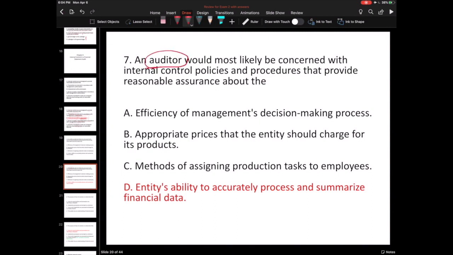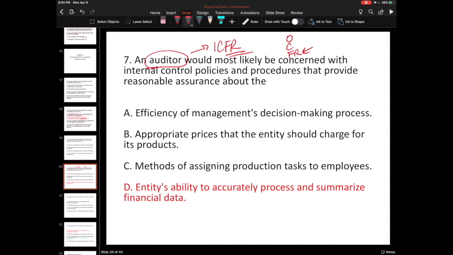And remember that auditors are interested in ICFR, where the FR stands for financial reporting, right? And we talked about how management has controls over operations, compliance, and financial reporting that they're responsible for, right? The auditor cares about these controls, the financial reporting controls.